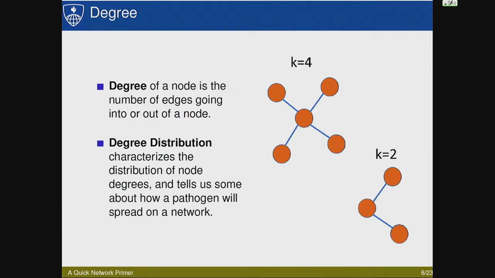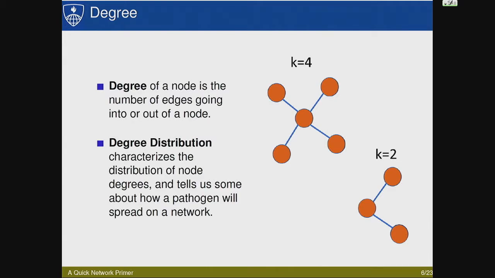One of the most basic descriptors of networks and connectivity is the degree of the nodes. A node's degree is just how many contacts that node has, how many edges going in or out of it. In an undirected network, you have just a degree. In a directed network, you have in-degree for in links and out-degree for out links.